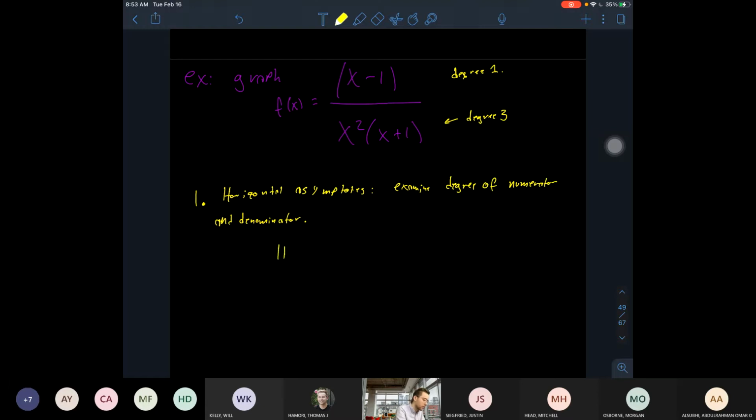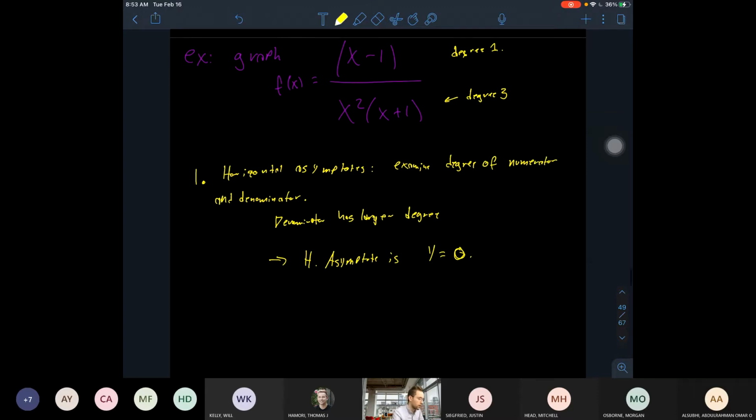So I know that the horizontal asymptote, so let me write it out: denominator has larger degree. That's telling us our horizontal asymptote is y equals 0. Okay, so we got our horizontal asymptote. And remember, horizontal asymptotes are just dealing with what's going to happen when x becomes really large.